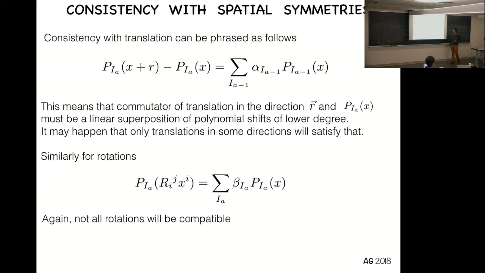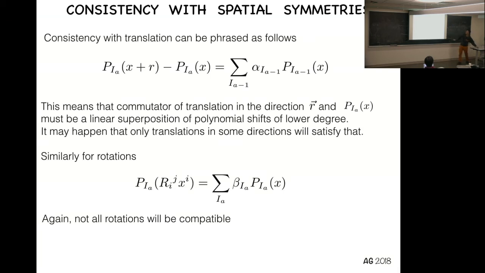The same holds true for rotations, but for rotations, the polynomial remains the same degree. If I make a rotation, then the polynomial doesn't change degree, but just the coefficients transform. For the translation, you are relating a polynomial of a certain degree to one of 1 degree lower.